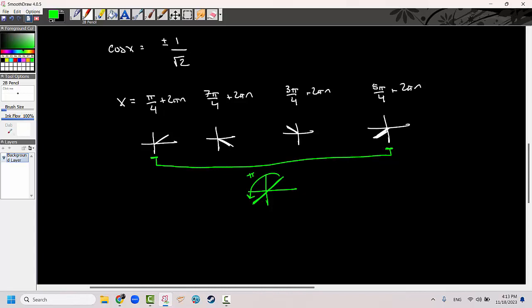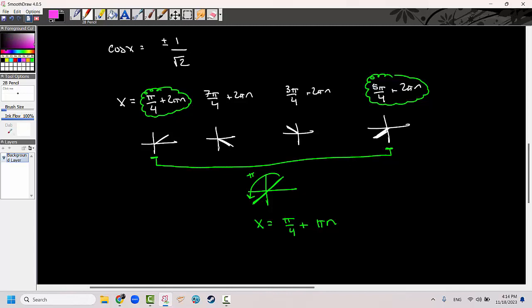So if you wanted to consolidate your answer, you could take these two green clouds here and say that x is equal to pi over 4 plus, and I'll give you a second to think about what I'm going to put on next, pi n, because I'm only going half of it.